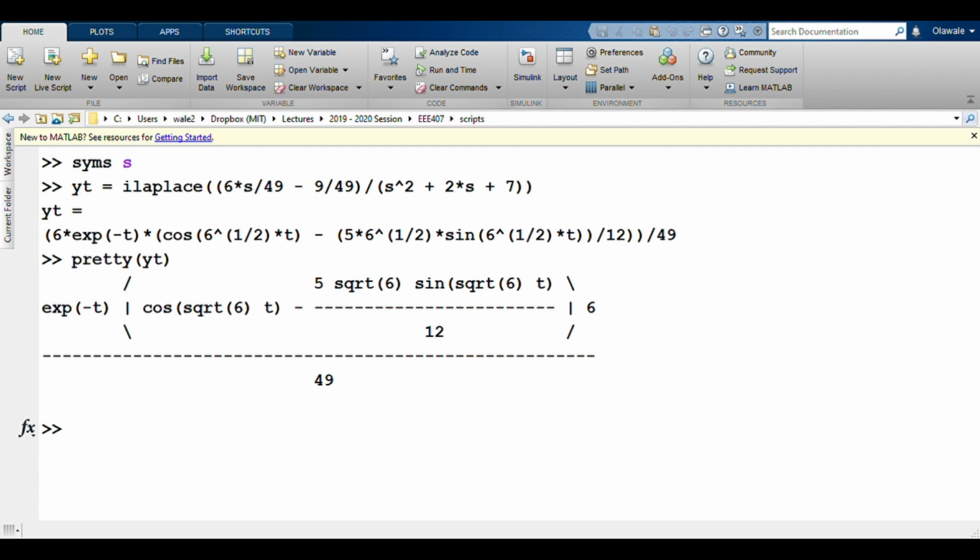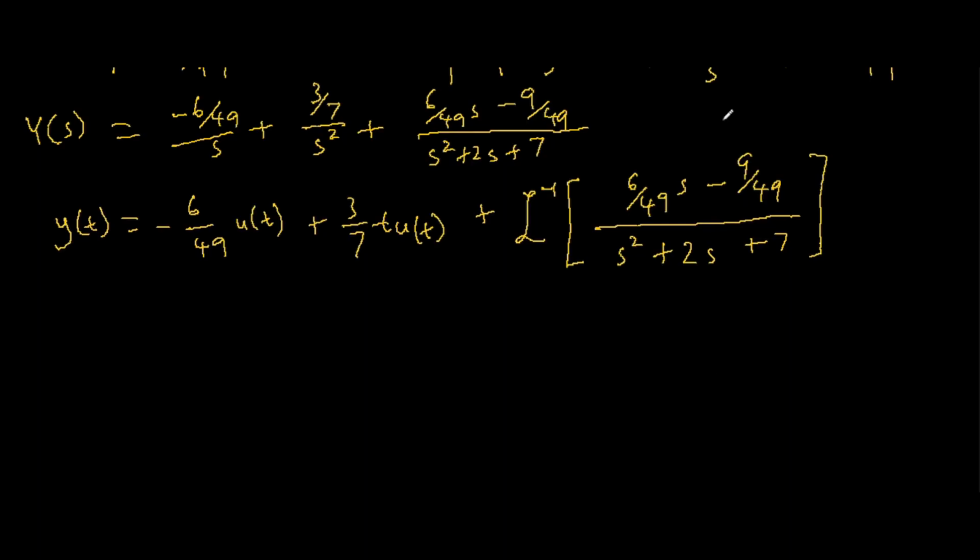So let's go ahead and copy this. I want to write this out, so I'm trying to just see if I can memorize it somewhat. So this is equal to minus 6 over 49, that doesn't change, u of t, plus 3 over 7 t u of t.